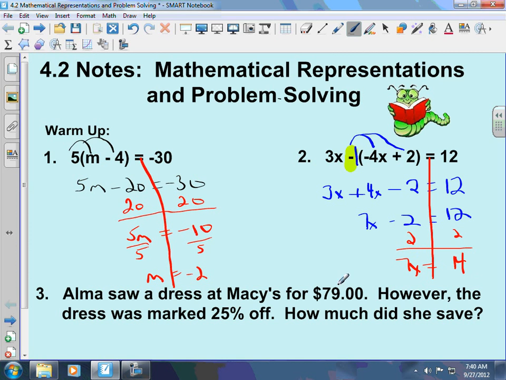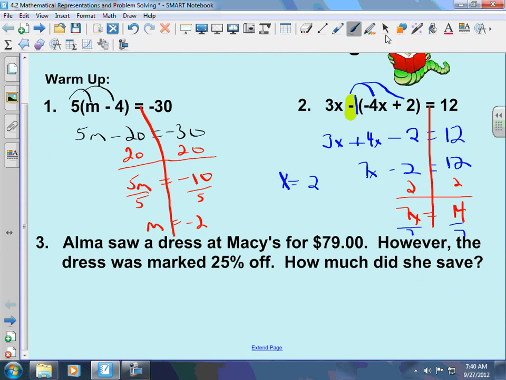Then I divide both sides by 7. Remember, the number next to the letter goes on bottom of your fraction. 14 divided by 7, x equals 2. Remember to put the number next to the letter on bottom of your fraction.